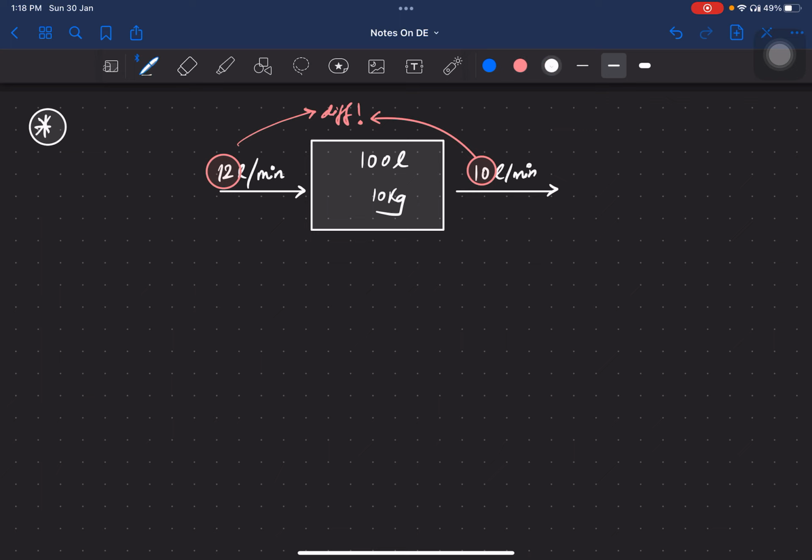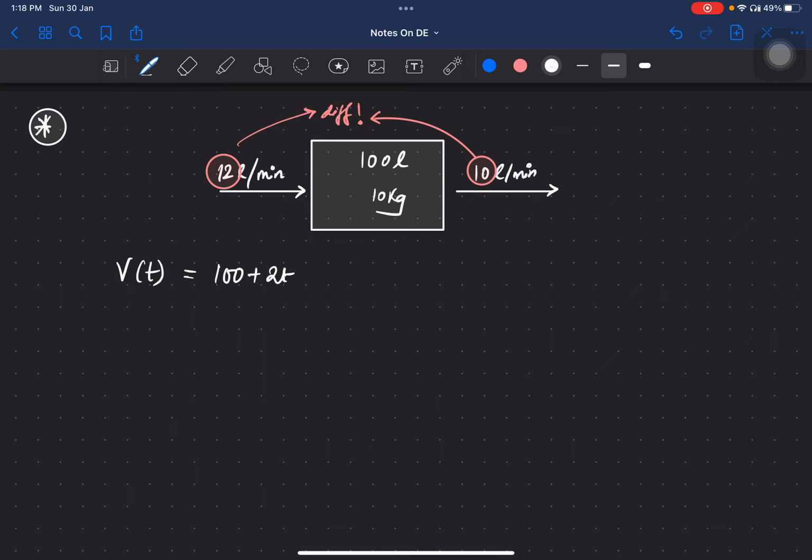One can easily check that since 12 liter of water is going inside and 10 liters of mixed water is going outside, the volume, suppose we denote it by V(t), of the tank is increasing, right? So it is 100 plus 2t, because every minute 2 liter of water is staying inside the tank, it is not getting outside.